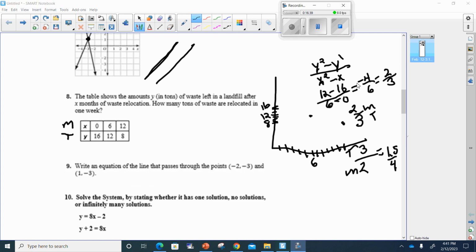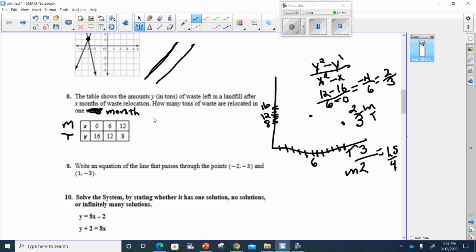It looks like the book had a misprint here, and I have to apologize. I'm going to make sure that the test is correct. They shouldn't have put 1 week here. They gave their answer in actual months. And I was kind of curious about that because some months have more days in it than others. So I thought it was kind of presumptuous for us to assume it was 4 weeks in a month.